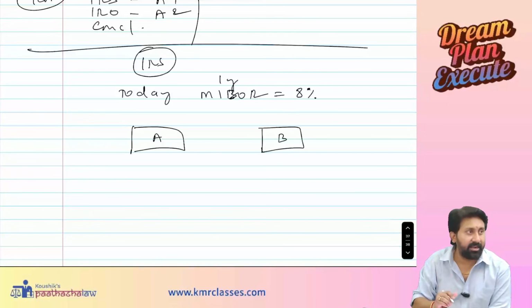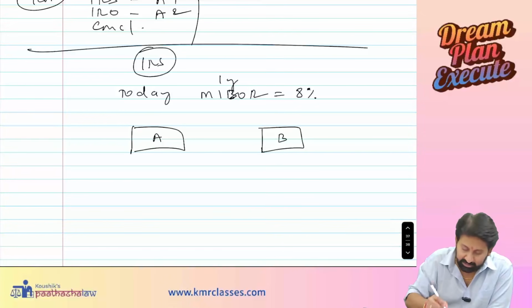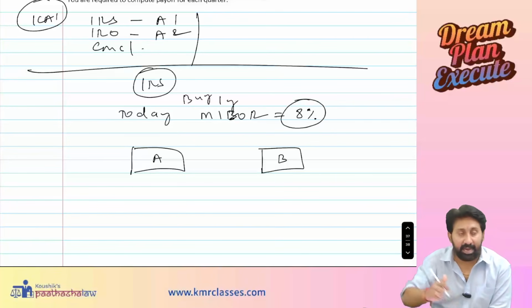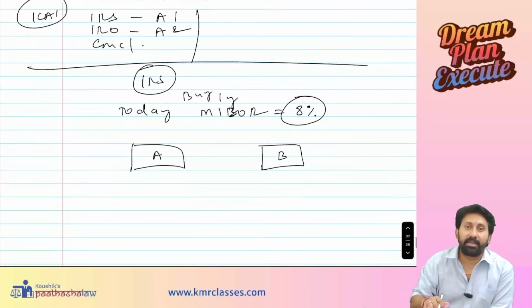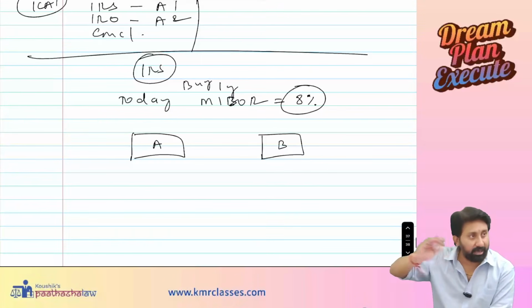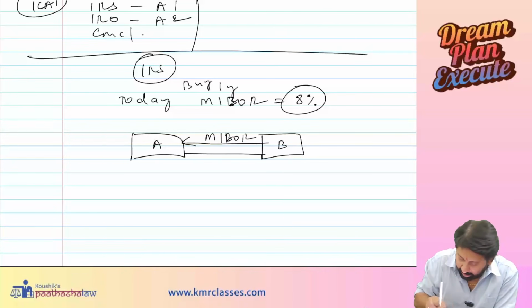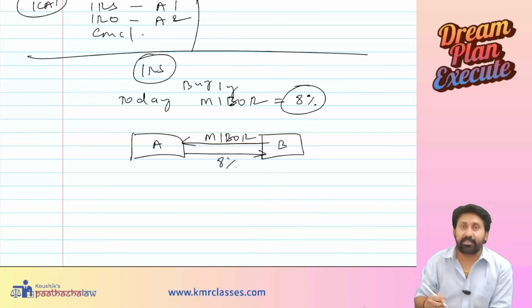In the interest rate swap, what did he want to do? He wanted to buy MIBOR at 8%. Buy MIBOR means MIBOR is coming in or going out? Coming in. So I wanted to receive MIBOR and I wanted to pay 8% in exchange.